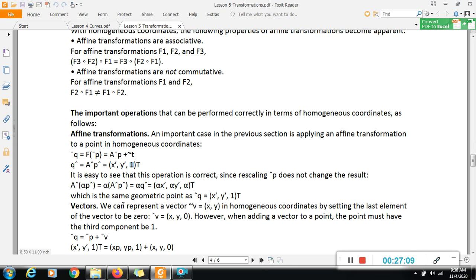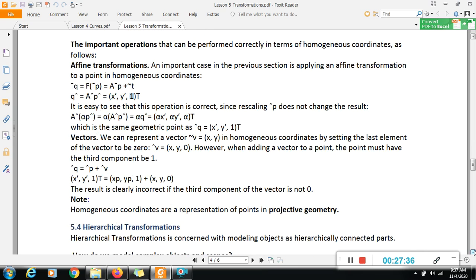Vectors: we can represent a vector, let's say v, as a point x, y in homogeneous coordinates by setting the last element of the vector to be 0. This last element shows direction, so setting it to 0 means we have introduced a vector. The only thing we need to know when we do that is that when adding a vector to a point, the point must have that component as 1. Otherwise, it will lose meaning.